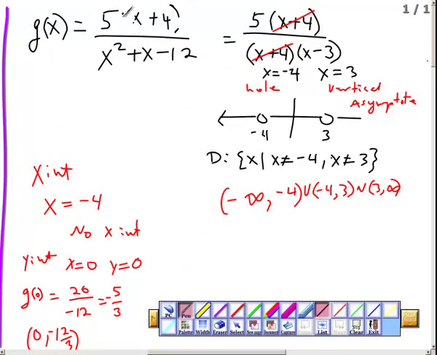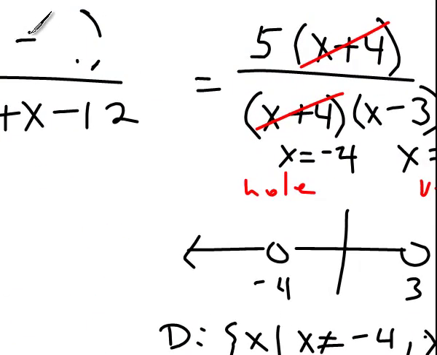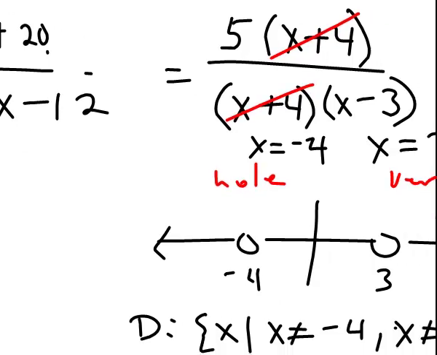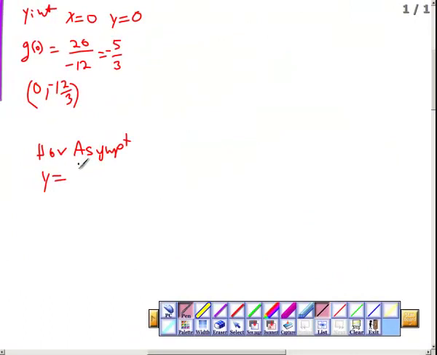If we look at this as 5x plus 20 over x squared, we compare the degree of the numerator over the degree of the denominator. Is the degree of the numerator less than, equal to, or greater than?